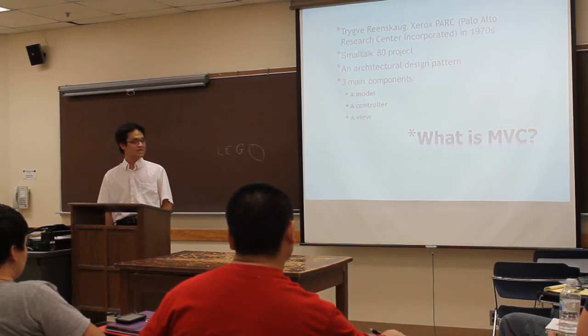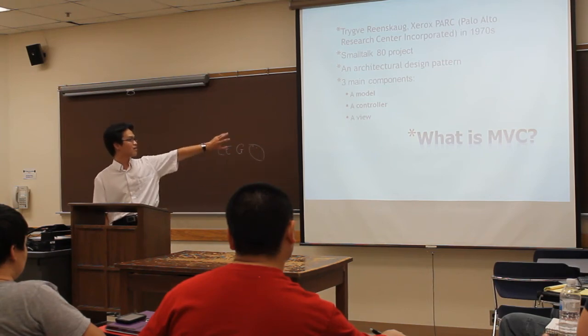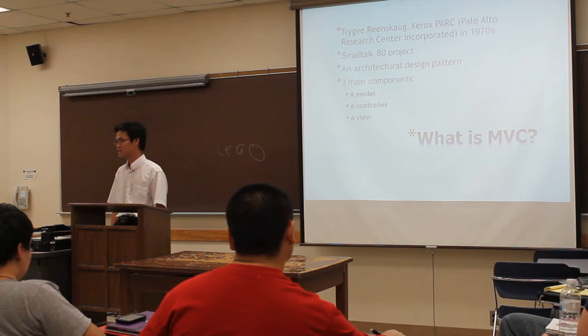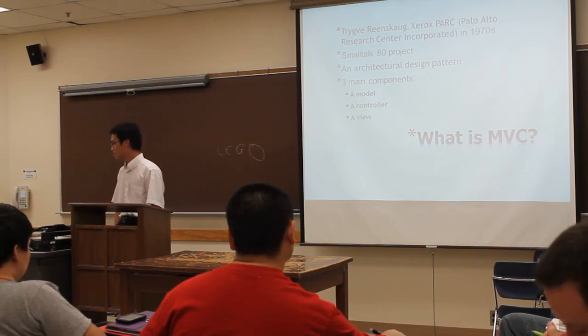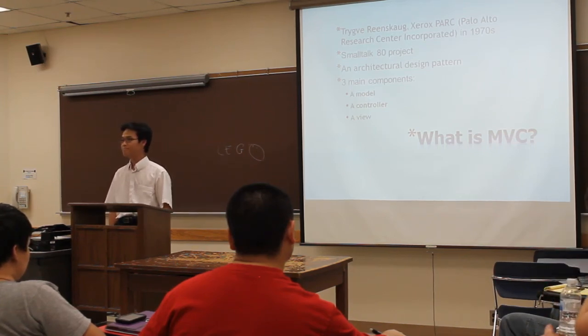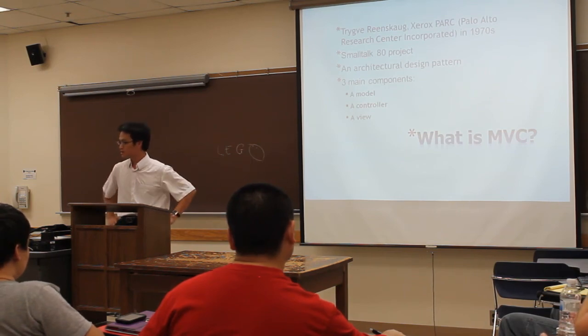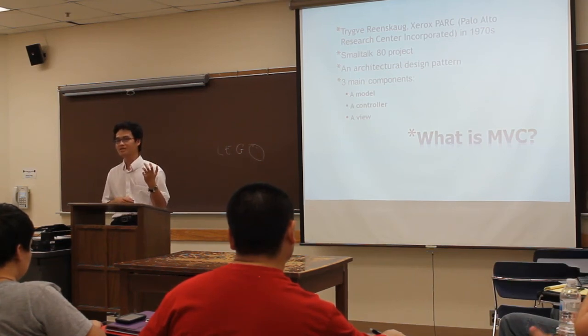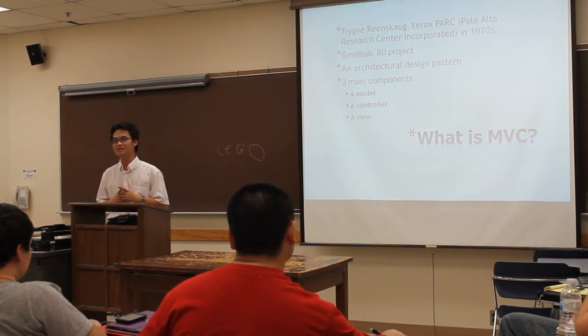In this MVC, you break your application into three components: a model, a controller, and a view. A model is the classes or components that capture your specific requirements, your specific data model for your application.